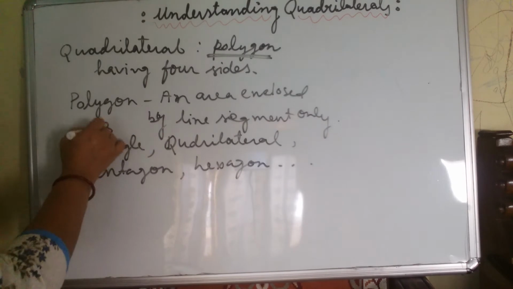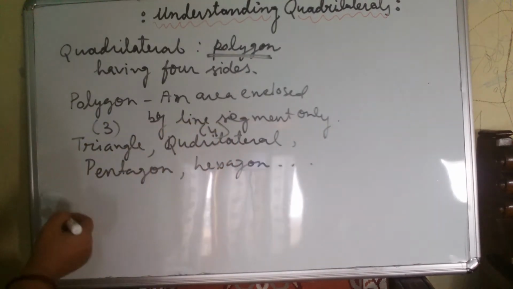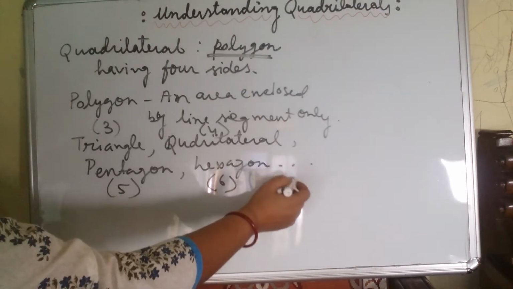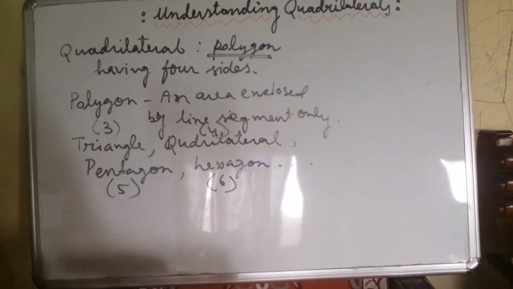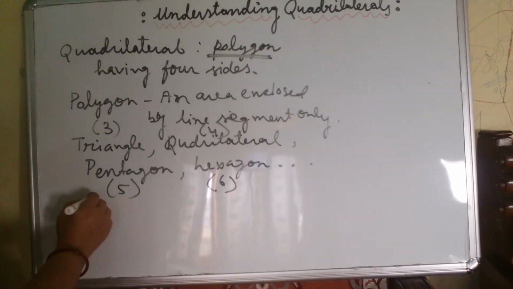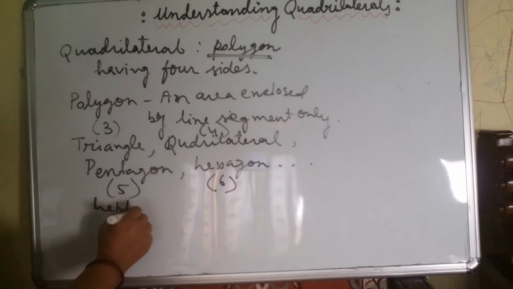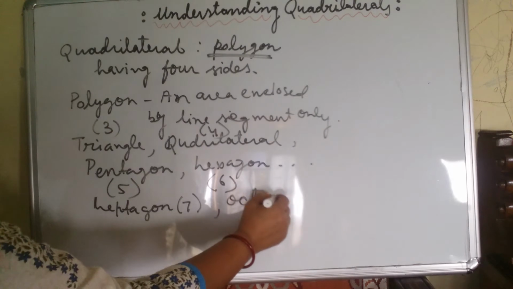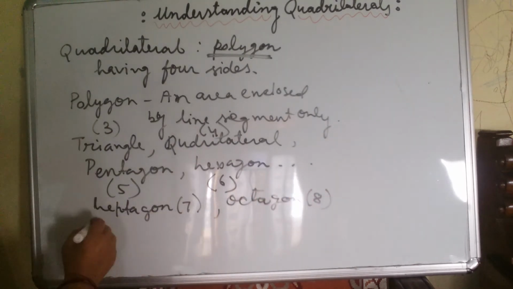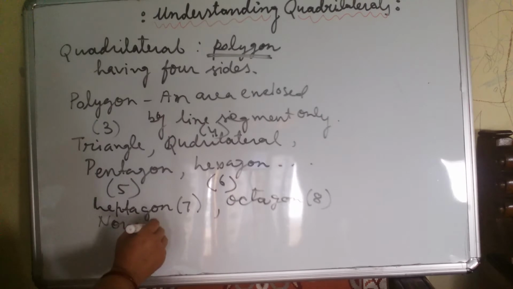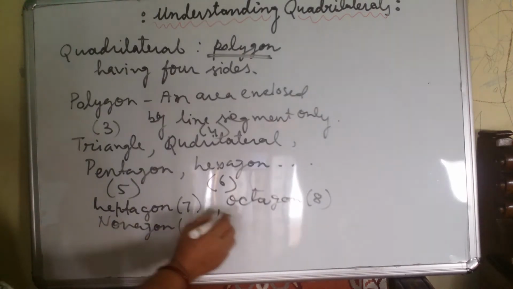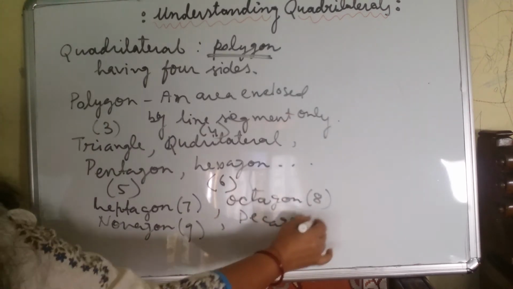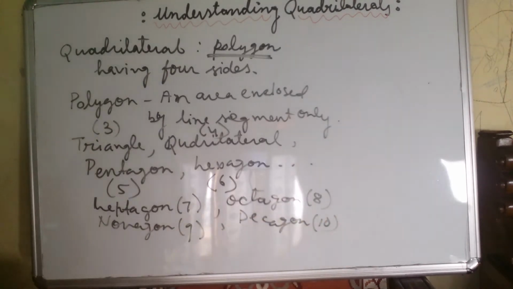That means triangle is having 3 sides, quadrilateral is having 4 sides, pentagon is having 5 sides, hexagon 6, heptagon will have 7 sides, octagon will have 8 sides, nonagon will have 9 sides, and decagon is having 10 sides.